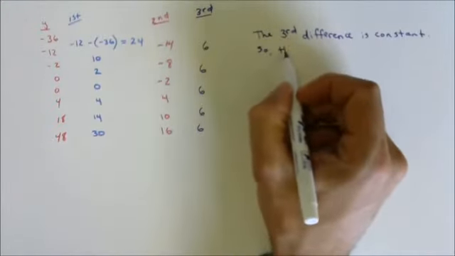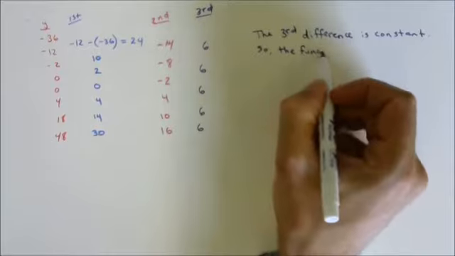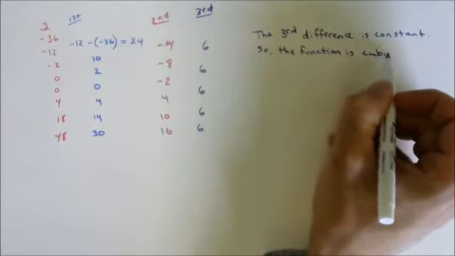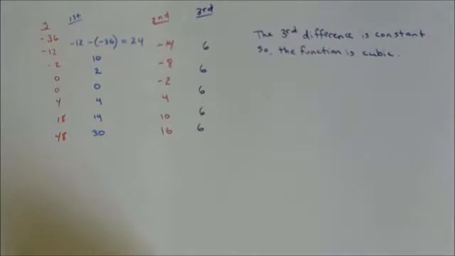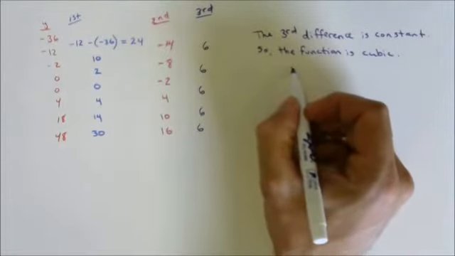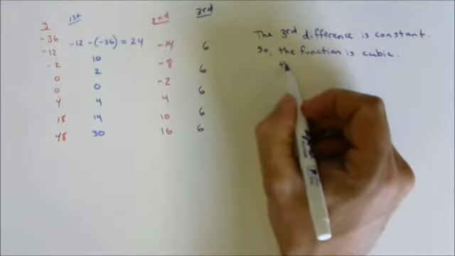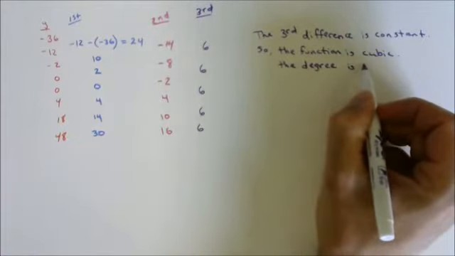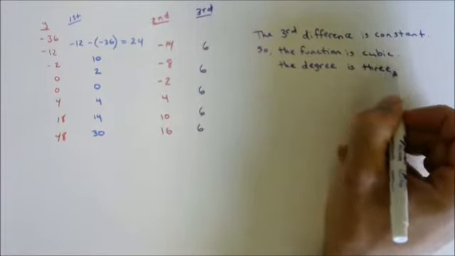So the function is cubic, or the values in the table represent a cubic function. Which is also just another way of saying that the degree is 3.